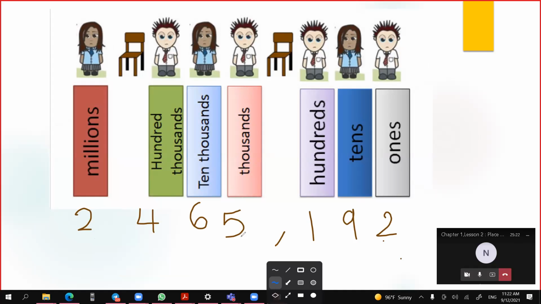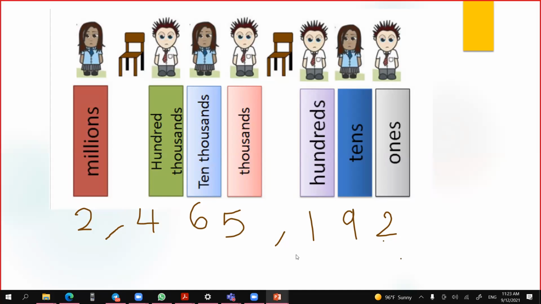Then, let's continue. 1, 2, 3. After 3 students, put another chair. This chair means, in math, commas. Got it? That means between these 3 numbers, try to make a space. Put a chair between them. Okay.